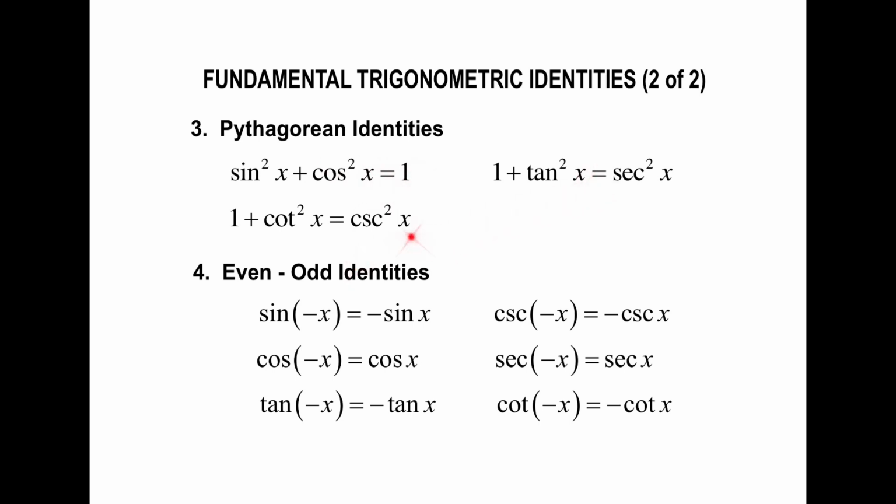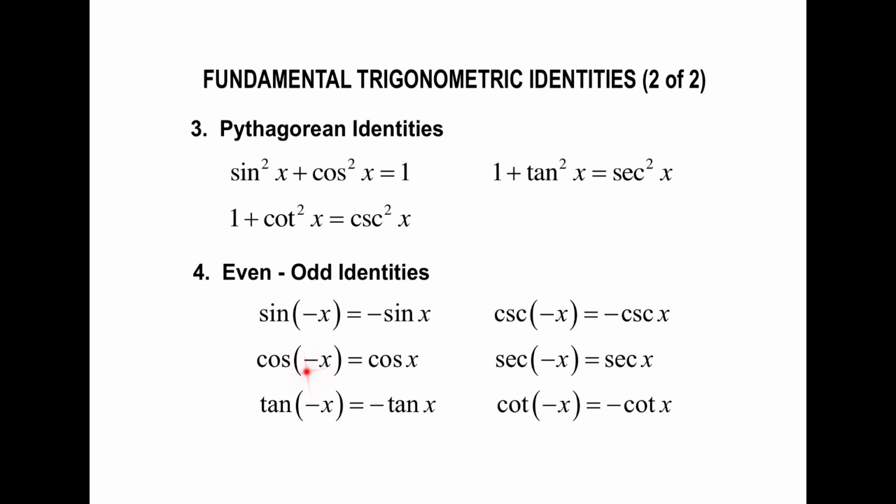We haven't as much looked at these, but we also looked at the even and odd. If I have a sine function and I plug in a negative x, we actually end up getting the opposite of what we would have with a positive x. And so that is an odd function.